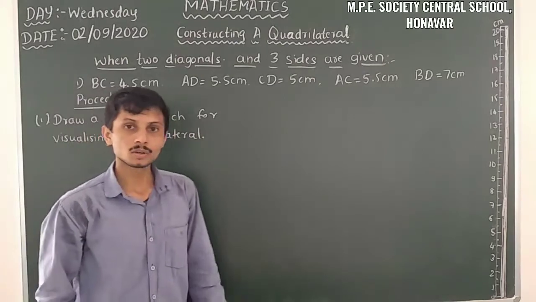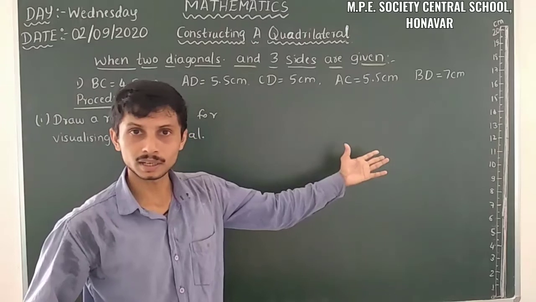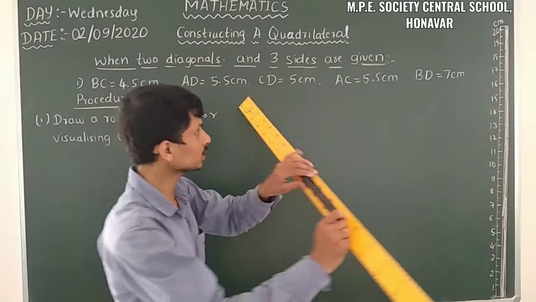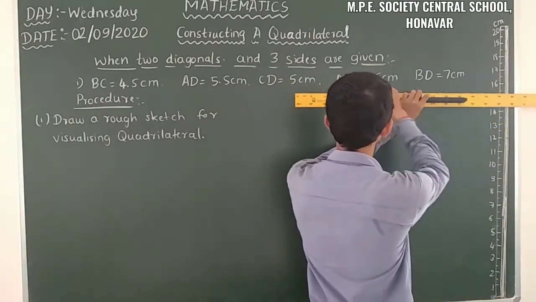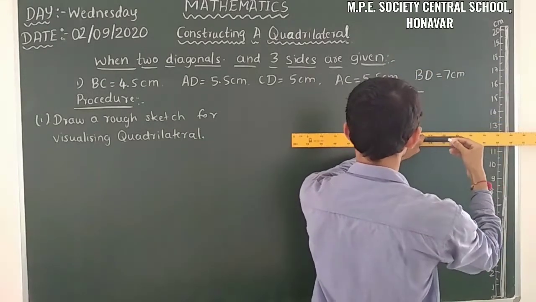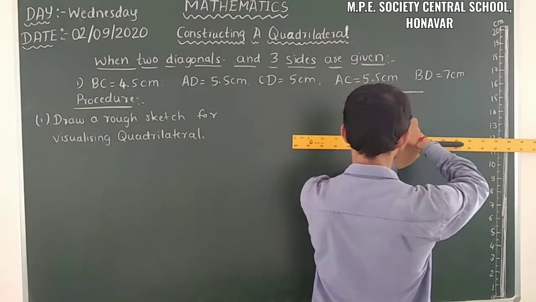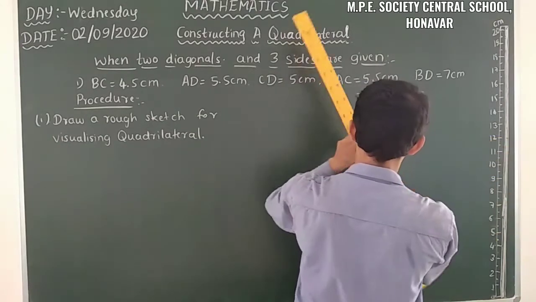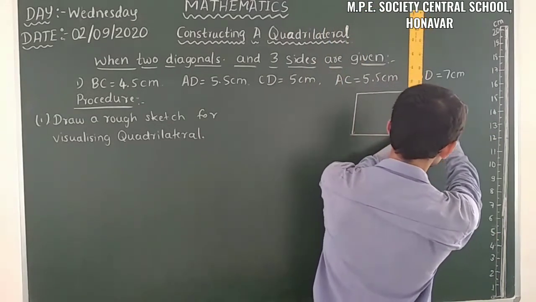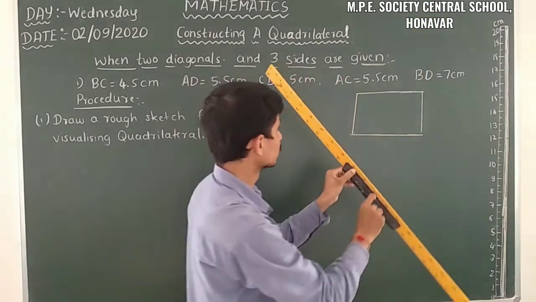From the known things we can construct any quadrilateral, whether it is a square or a rectangle, whatever it may be. Just draw the rough sketch here. It is a rough sketch only for visualizing our aim.